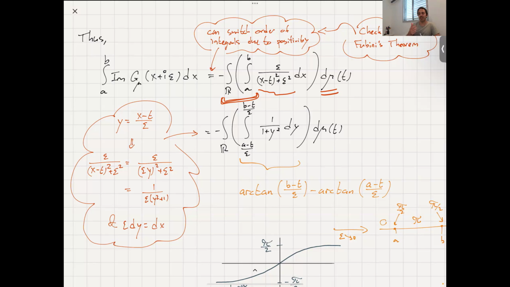And secondly, and that's fine in our case, the sigma algebra that you're considering should be what's called sigma finite.